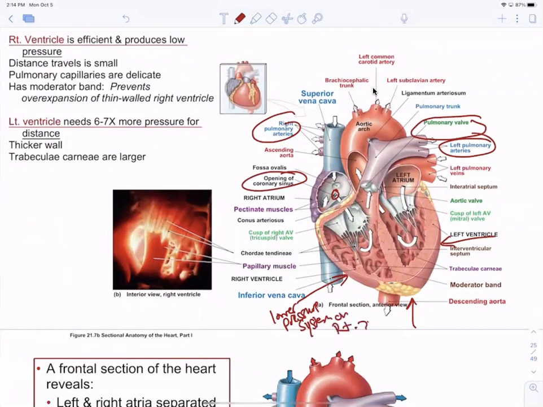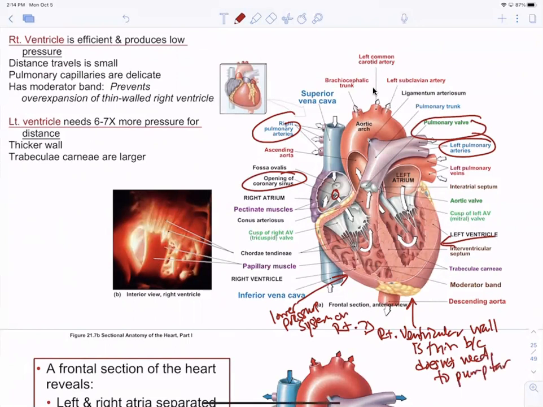And so the right ventricle wall is thin because it doesn't need to pump far. On the other hand, the left ventricular wall is really thick.